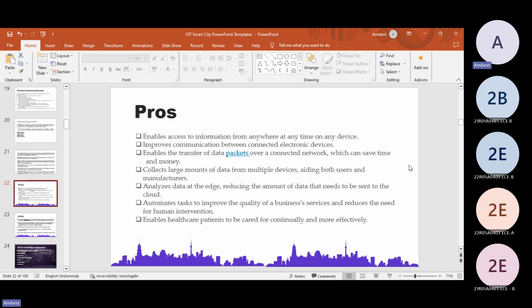This IoT is not only for small manufacturing devices, but also for multiple devices, so it collects a large amount of data from the multiple devices.